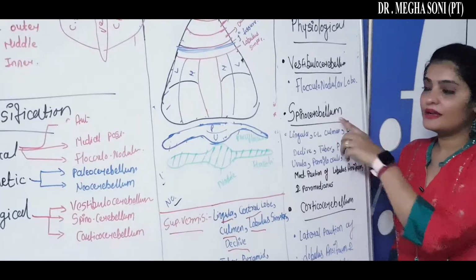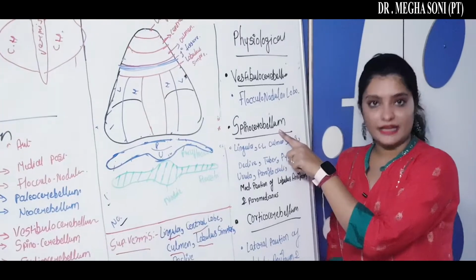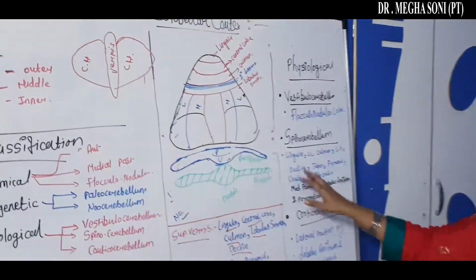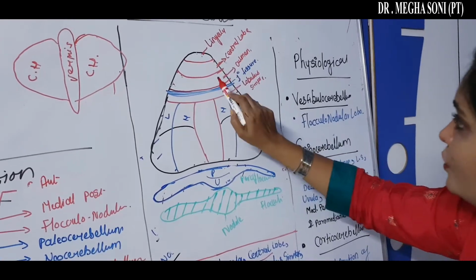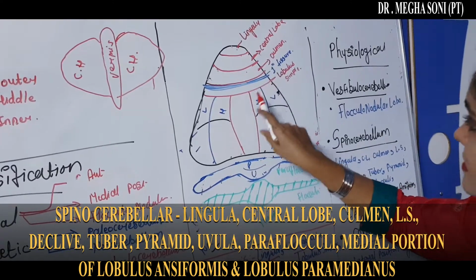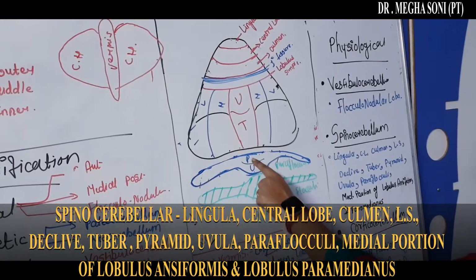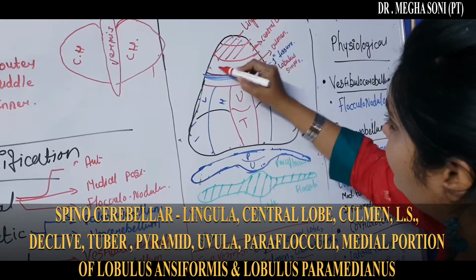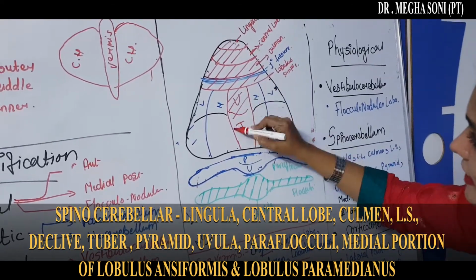Spinocerebellum means the signals coming from the spinal cord connect with the cerebellum, and they are responsible for maintaining tone of the axial structures. Spinocerebellum includes lingula, central lobule, culmen, then lobulus simplex, uvula, tuber, pyramid, uvula and paraflocculi. Let me highlight it with red color.